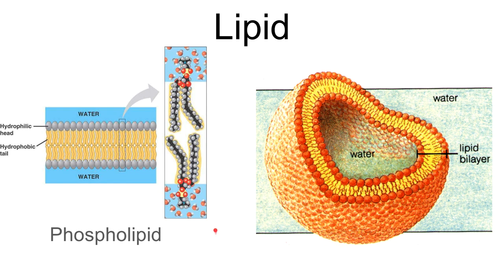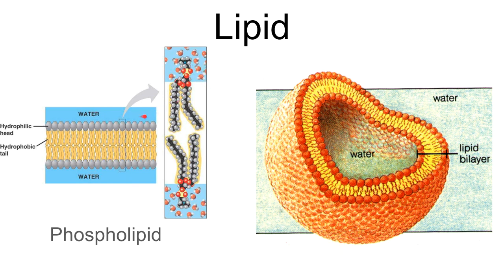So we have phospholipids because these fatty acid tails are nonpolar and repel water. So they are attracted towards each other, whereas the heads here are polar and are attracted to the polarity of the water.